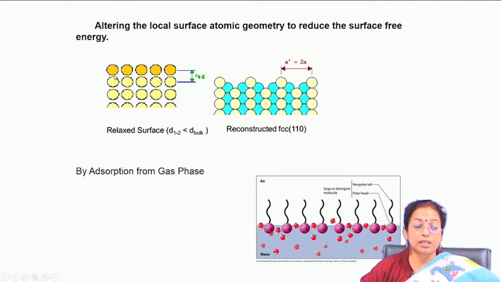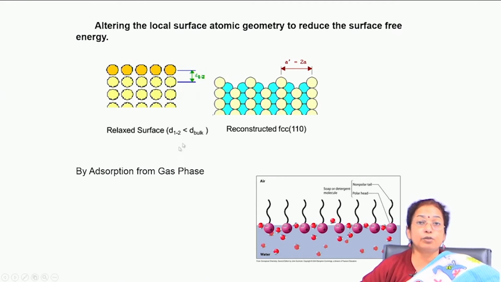So, if you see the surface atomic arrangement, you will find that the d-spacing between the surface atom and the neighboring atom is a little lower than the typical interatomic spacing of the other atoms which are in the bulk. So, this is called relaxation, and another phenomenon which is also observed is the rearrangement of the surface, called reconstruction.